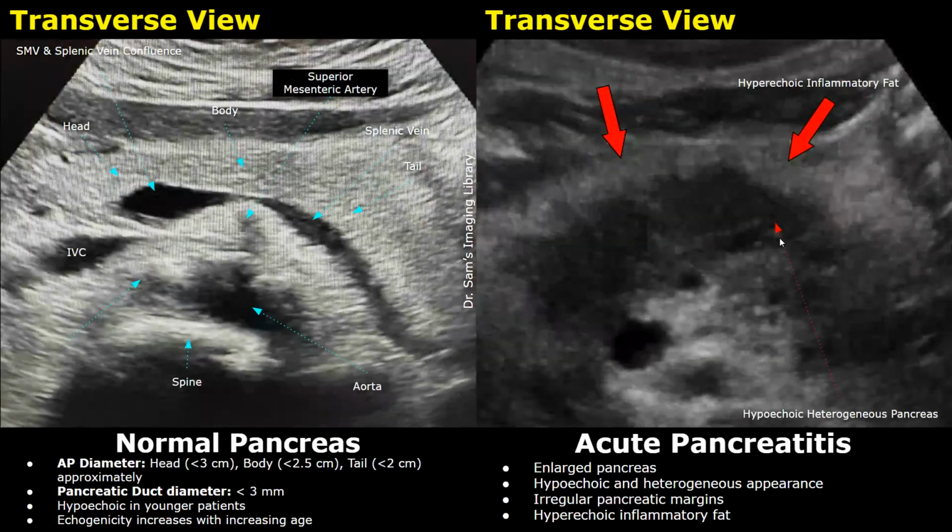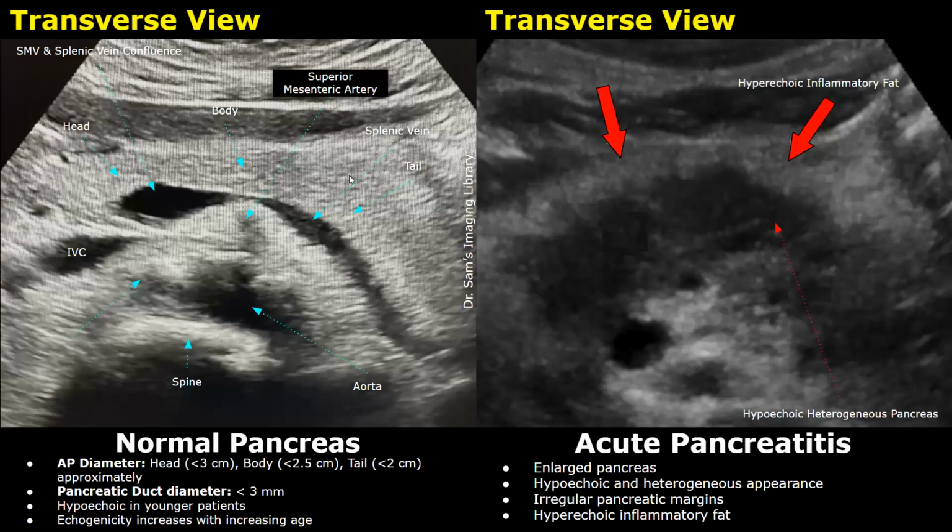This is a normal pancreas in an older patient. The echogenicity of the pancreas is higher than the echogenicity in previous normal images. With advancing age, there is fatty replacement of the pancreatic parenchyma, which is the reason it appears hyperechoic, but it still has a homogeneous echo texture, and the size of the gland is normal.